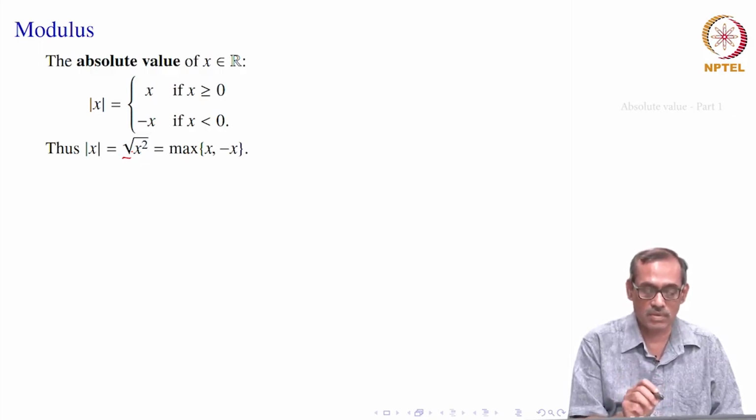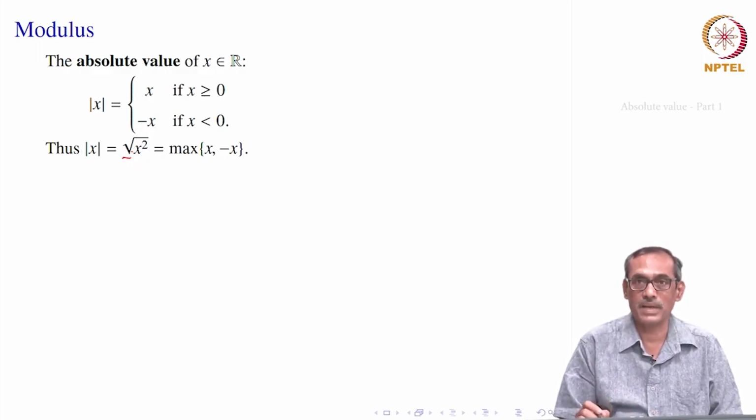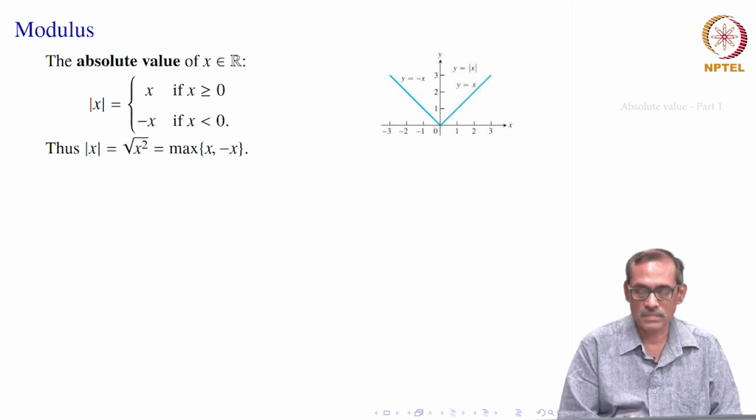So, we can write mod x equal to the non-negative square root of x square, which is also equal to the maximum of both these values, x and minus x. Because suppose x equal to 1, you get the maximum of 1 and minus 1 as 1, and if x equal to minus 1, you get the maximum of minus 1 and 1, which is 1. That is what the modulus means. So, these are two different ways of writing mod x.